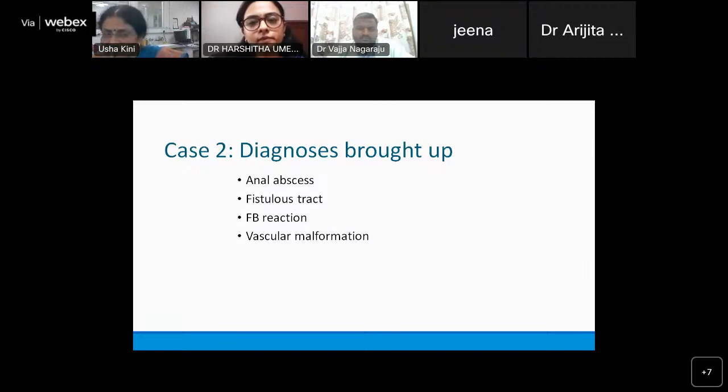Vascular malformation. The blood vessels seen were perfectly normal. Other than that, they were congested, which is part of the surgery that the child has undergone. Someone has seen Enterobius vermicularis. Did you see it, Harshita?